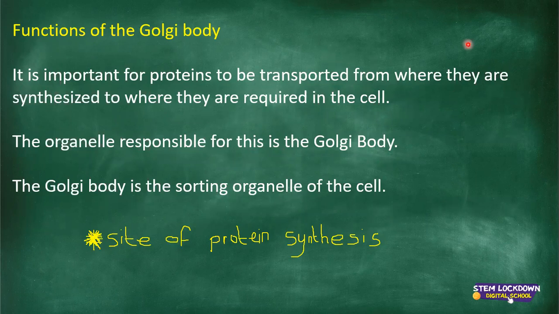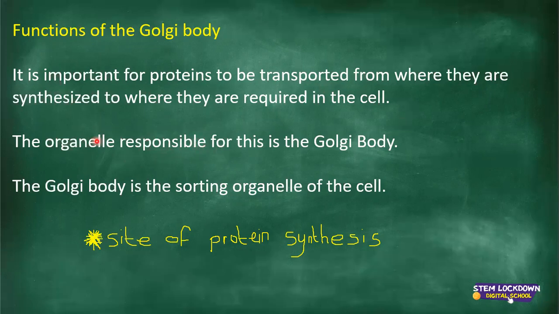So protein is synthesized at one point, which we have just learned is the ribosomes. Then after synthesis, the proteins are transported to various parts of the cell where they are required. And the Golgi body is responsible for transporting the protein that was synthesized in the ribosomes.